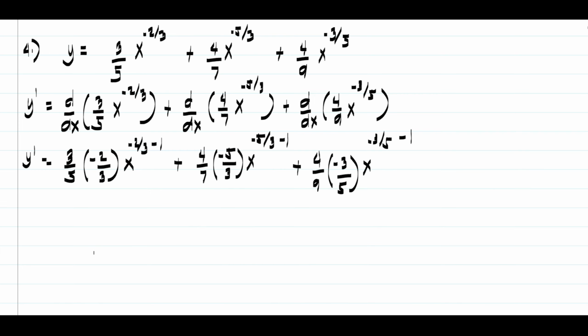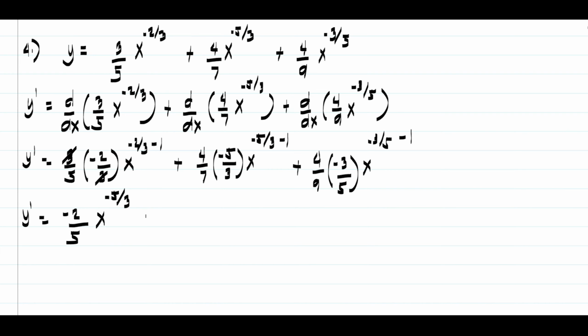So let us simplify this one. Let us have y prime equals, we can cancel 3. This will give us negative 2 over 5, and then x raised to negative 2 over 3 minus 1, that is negative 5 over 3. So again, the fastest way to simplify this one is negative 2 minus 3 is negative 5, copy the denominator 3.